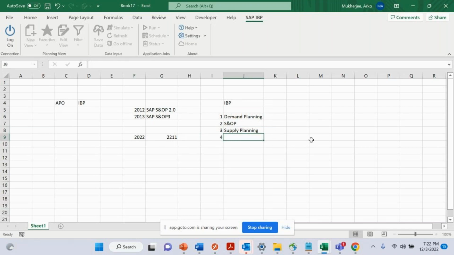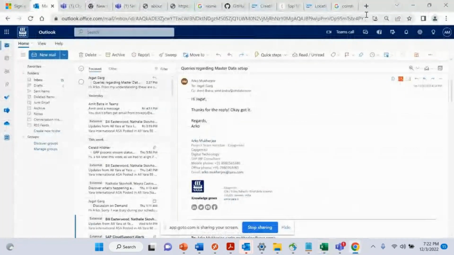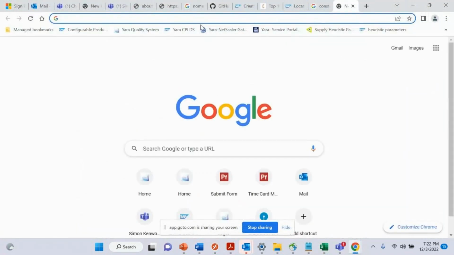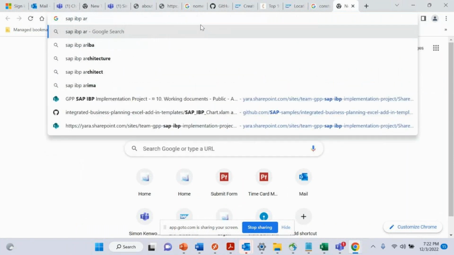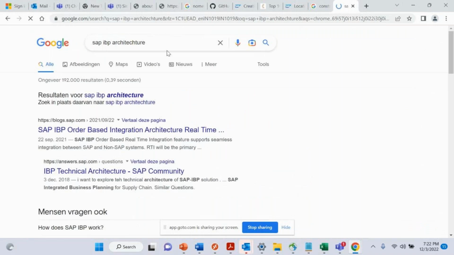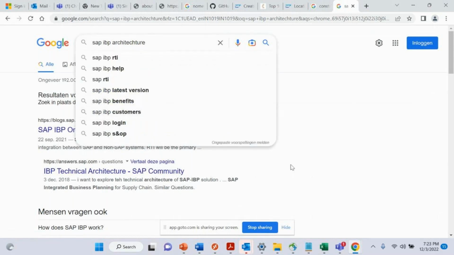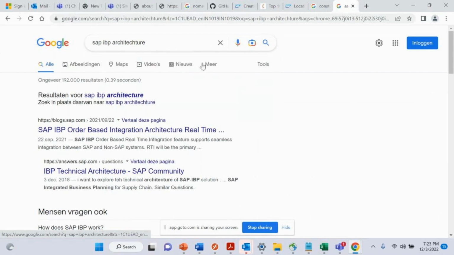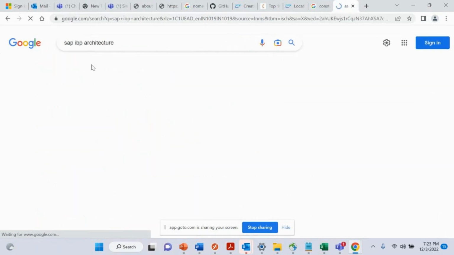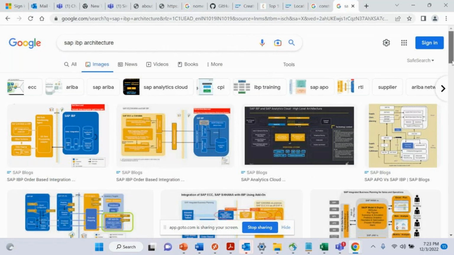We have a very good SAP IBP architecture format. So let me take you to Google to show what the architecture of SAP IBP looks like.